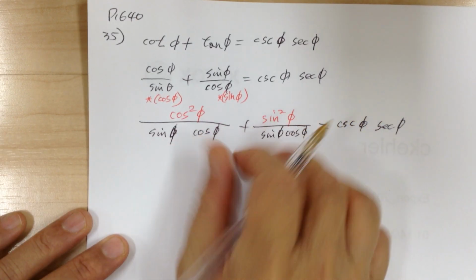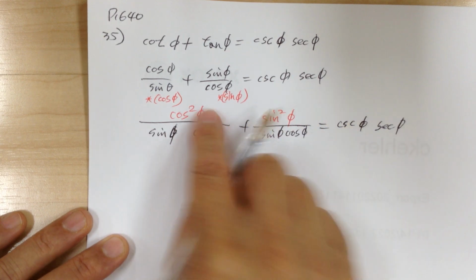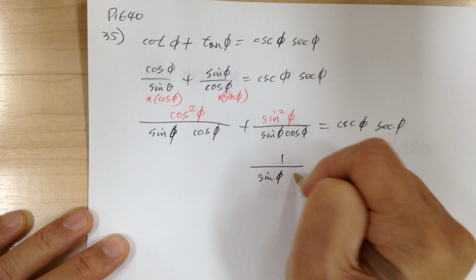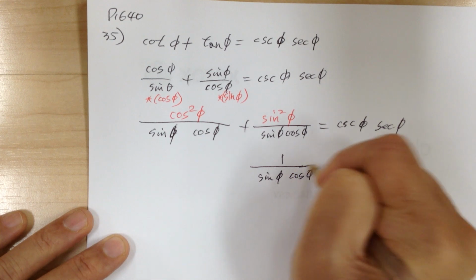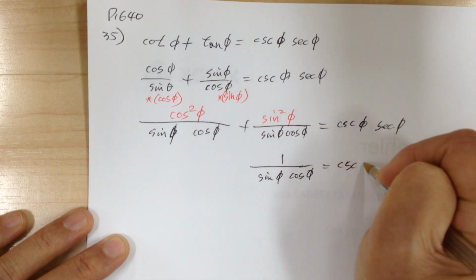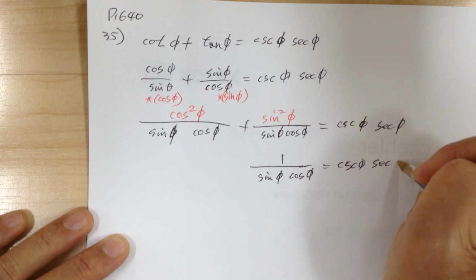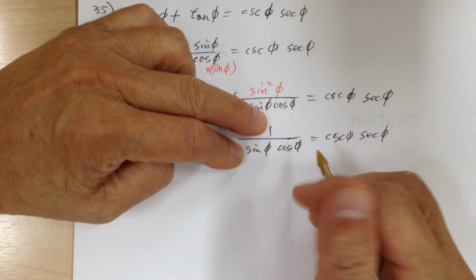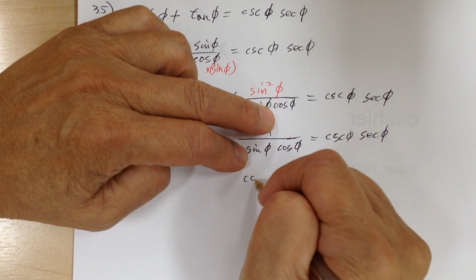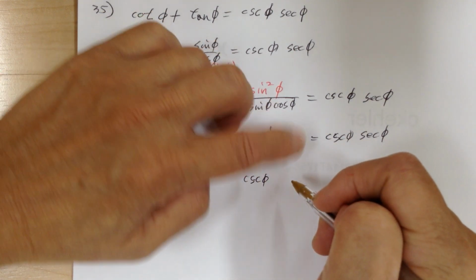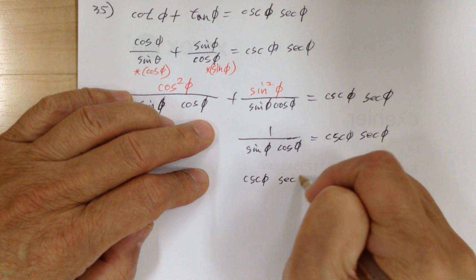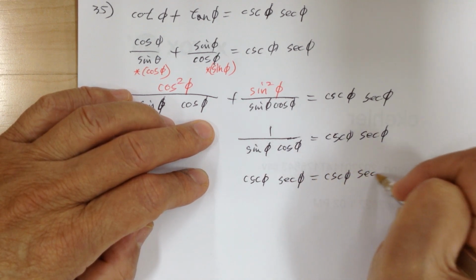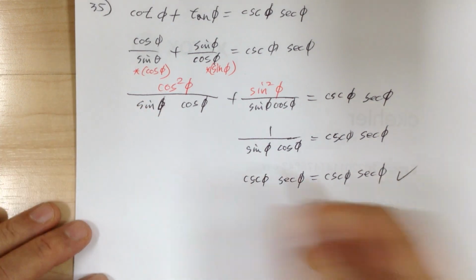Now when I add this together, cosine square plus sine square equals 1. So this becomes 1 over sine phi cosine phi. Now, 1 over sine is cosecant, and 1 over cosine is secant. Okay, and that's it, check.